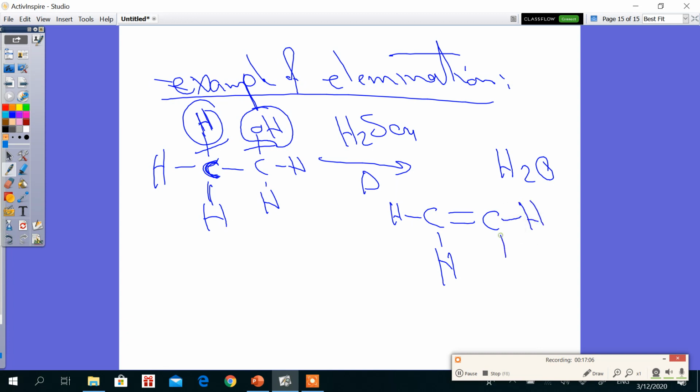I have here ethanol, and I can get ethene, a double bond, by elimination of H2O or HOH, because when HOH is eliminated, extracted out from the compound, it produces my ethene. That's my example for elimination reaction.